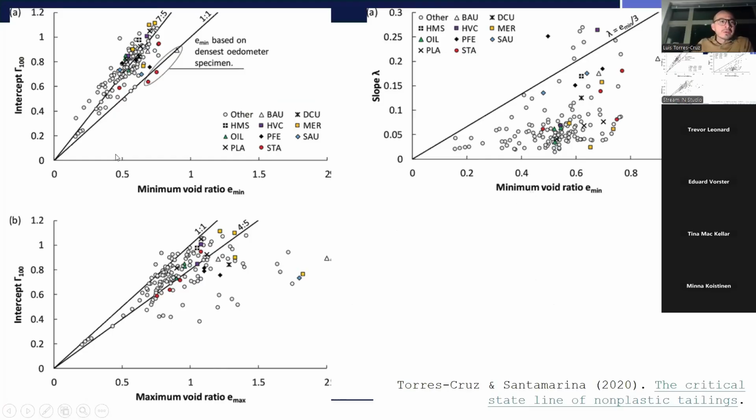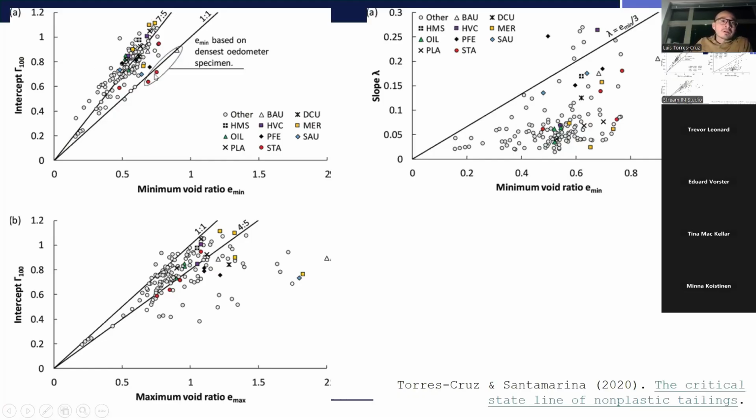So here I am showing a correlation between gamma 100 and the minimum void ratio. And the nice thing about this correlation is that it is based on a database of over 160 non-plastic soils. And here I need to emphasize that this is applicable to non-plastic soils.